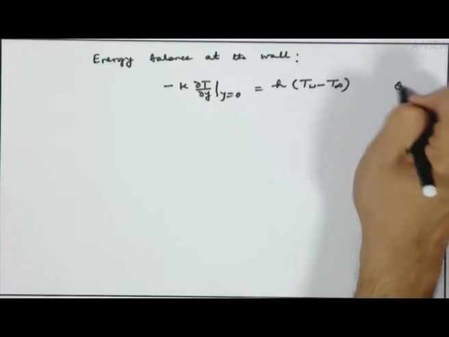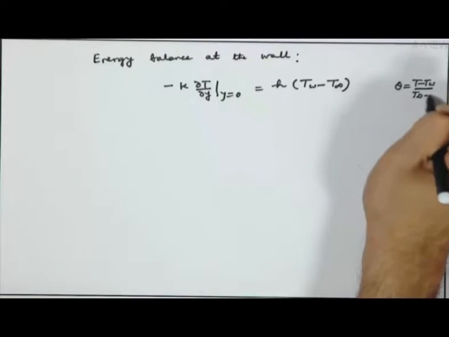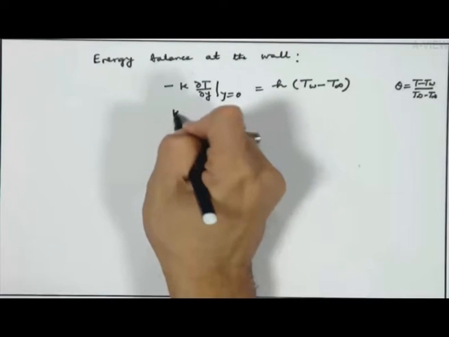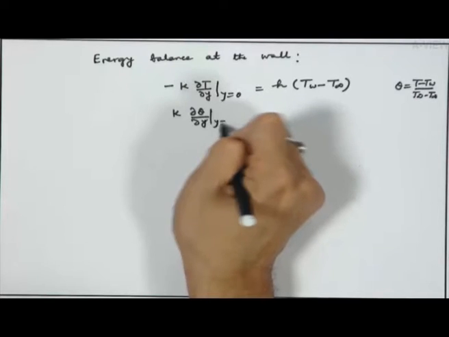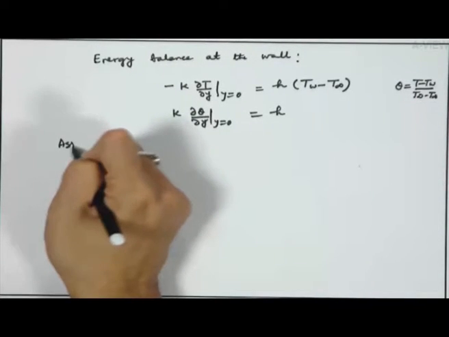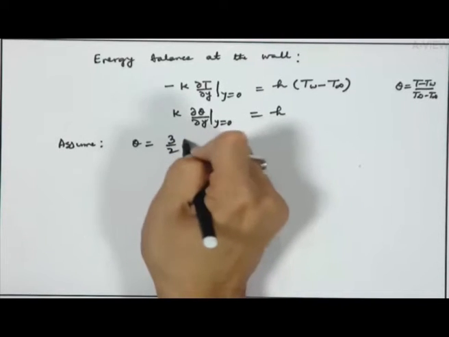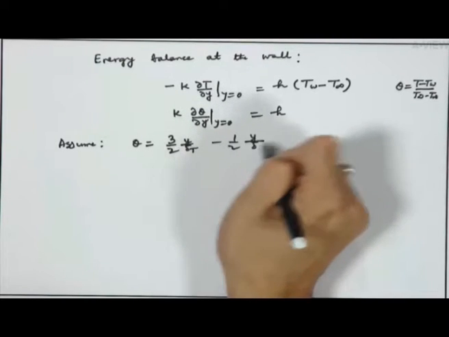So if you use the definition of theta as (T minus T wall) by (T infinity minus T wall), then k into del theta del y at y equal to 0 is equal to h, and we have assumed theta equals 3 by 2 y by delta t minus half (y by delta t) whole cube.